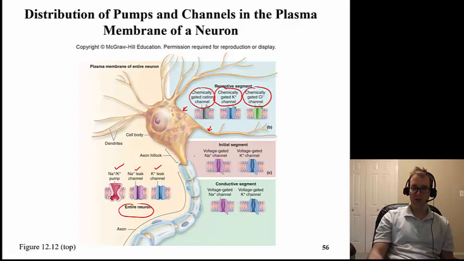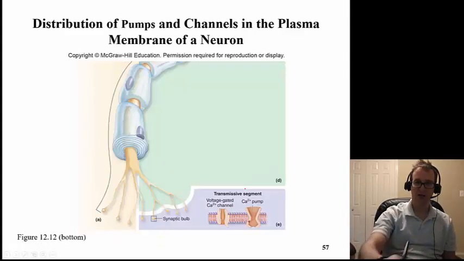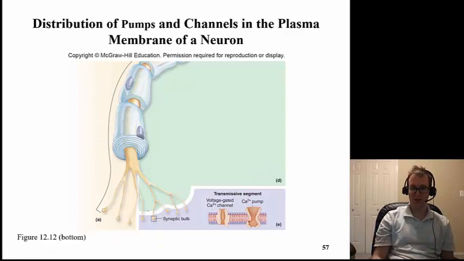Then in the initial segment, which is just this region right here at the axon hillock, there will be voltage-gated sodium and potassium channels. The conductive segment will have voltage-gated sodium and potassium channels as well. And whenever we get down here to the transmissive segment, there are going to be voltage-gated calcium channels and calcium pumps, which are constantly pumping calcium out of the synaptic bulb.